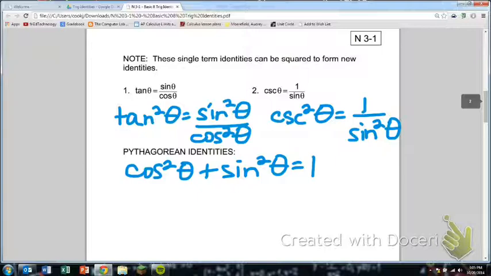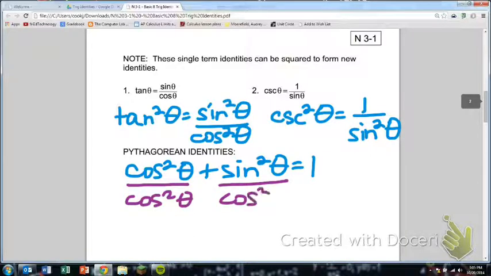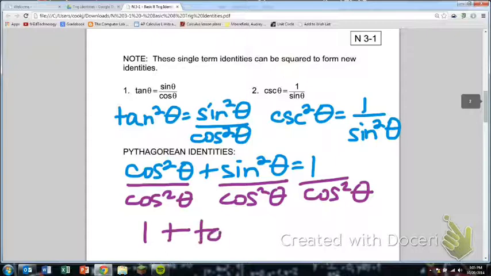Now, a couple of variations on this. If you were to go through and divide everything in this equation by cosine squared, then we would get 1 plus sine squared over cosine squared. Sine over cosine's tangent. 1 plus tangent squared.